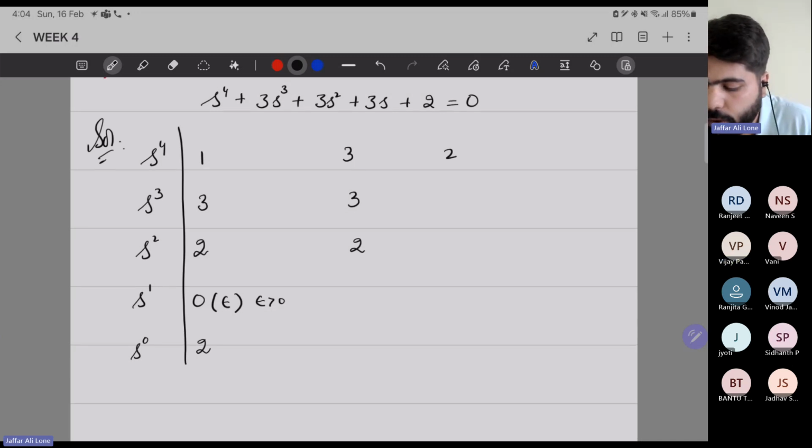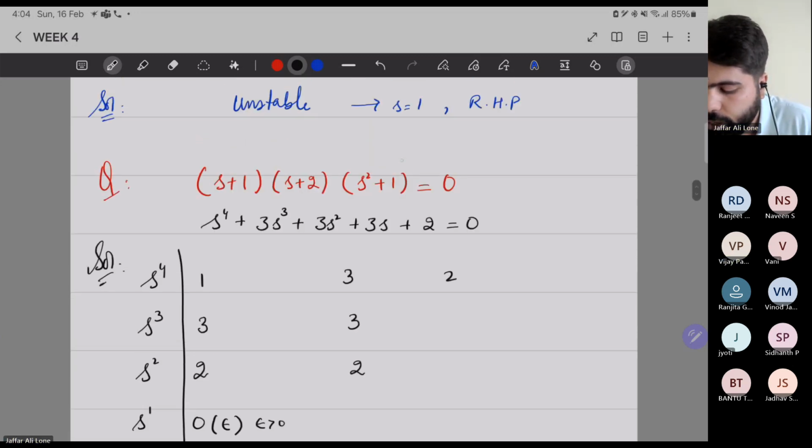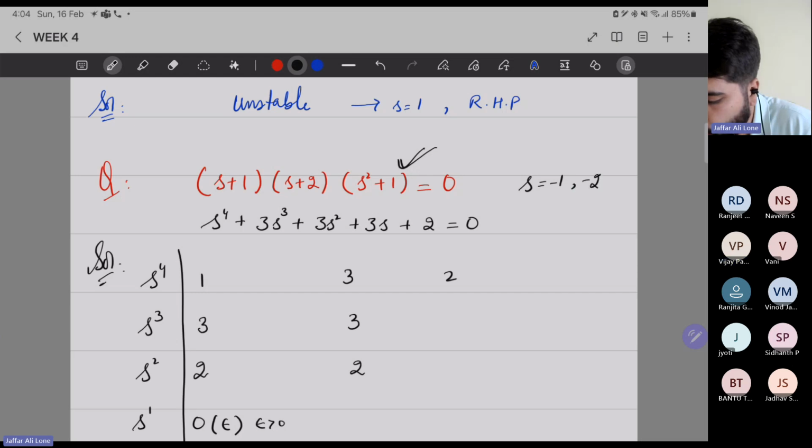But now, if you see from this characteristic equation, we can see there is one pole at -1, another pole at -2, and S square is -1. It means S is plus minus j. Correct?